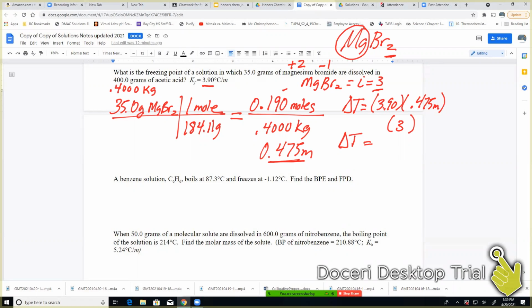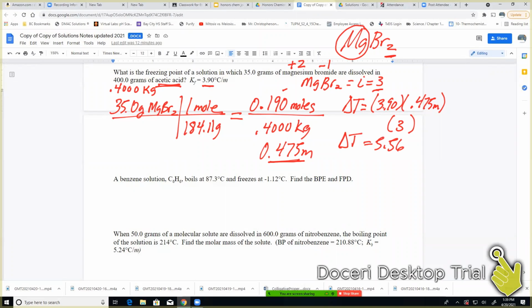All right, so what did we get right here? 5.56? Anybody? So I get 5.56. All right, so that's my change. So I had acetic acid. That was my original one. So I'd have to go up to that little chart because I sure don't know what acetic acid freezes at.